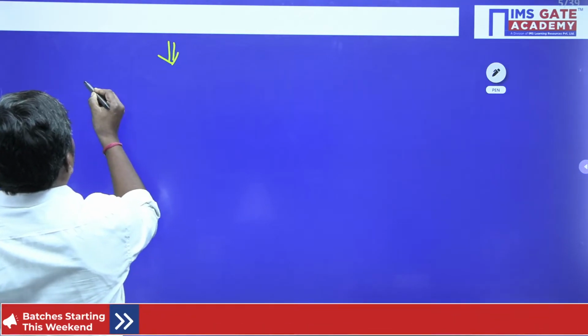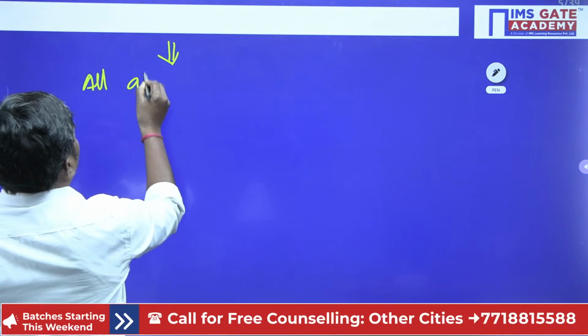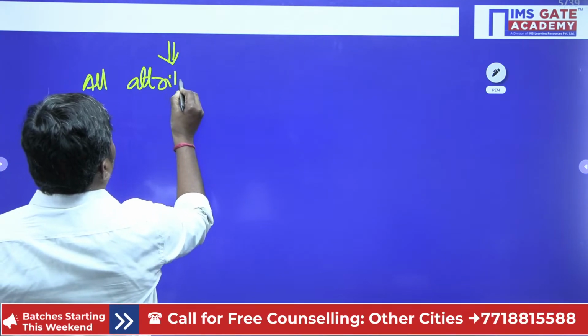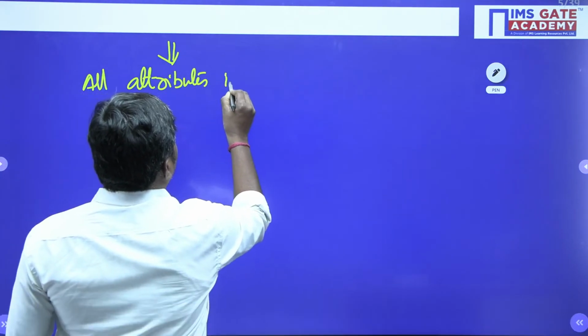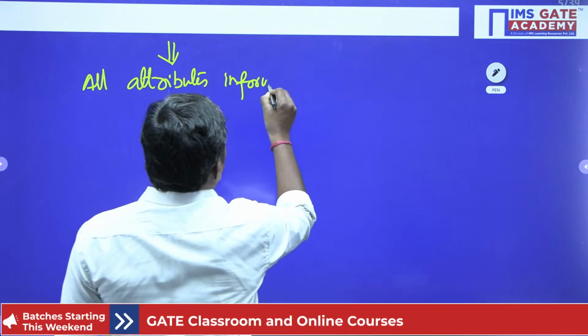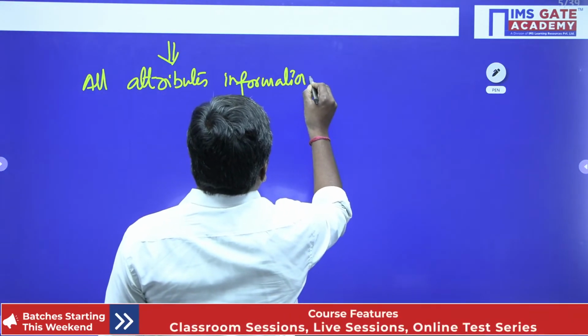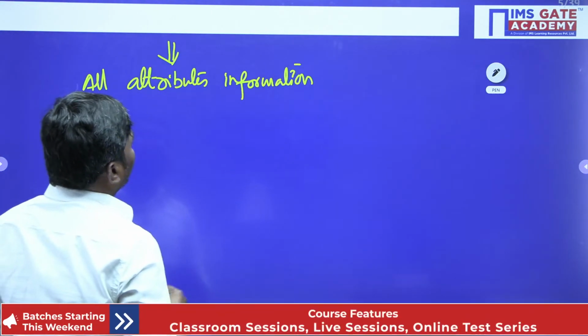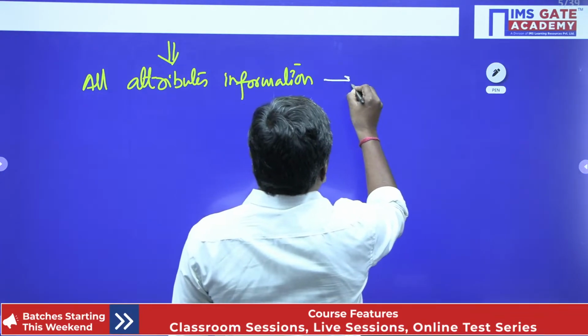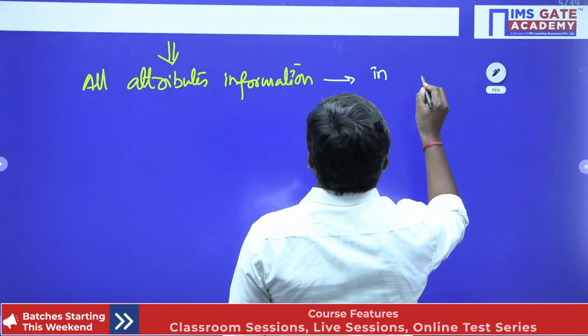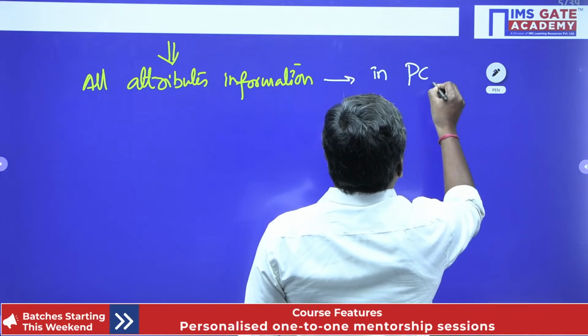All the attribute information, whatever I mentioned so far, is kept in a data structure called PCB.